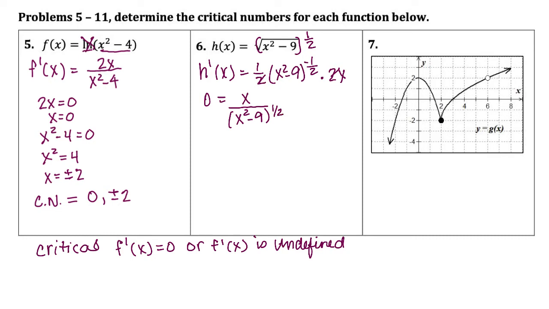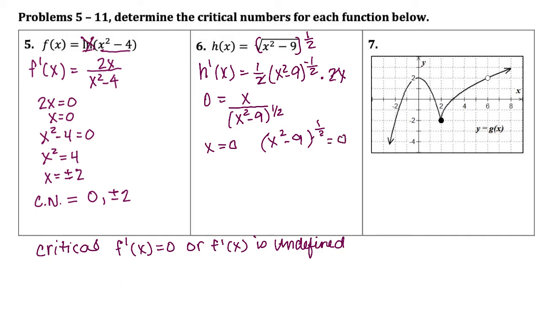And so now we need to go through and find our zeros. So we're going to have x equals 0. And then we need to set x squared minus 9, and we can do all to the 1/2 if you want to, set that equal to 0.